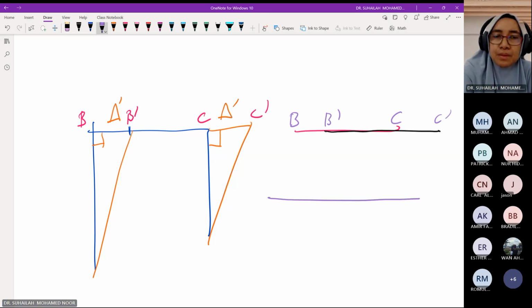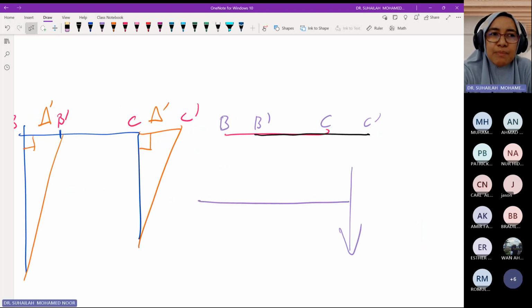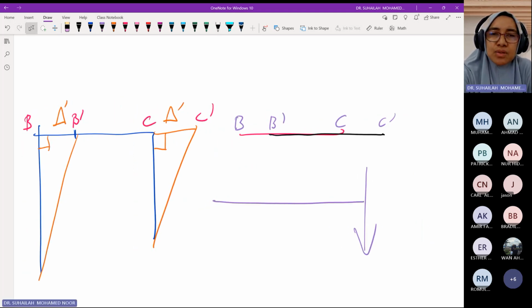Shear for beam? Vertical. Kalau shear for beam vertical, maksudnya kalau delta yang relate kepada beam, vertical or horizontal for beam? Delta for beam, rasa-rasa vertical ke horizontal?